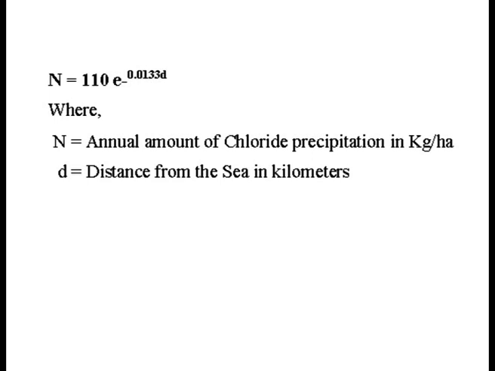An Israeli scientist gave an equation: N = 110 e^(-0.0133 D), where N is the chloride deposition in kilogram per hectare, E is the exponential, which decreases with distance from the sea, and D is the distance in kilometers.